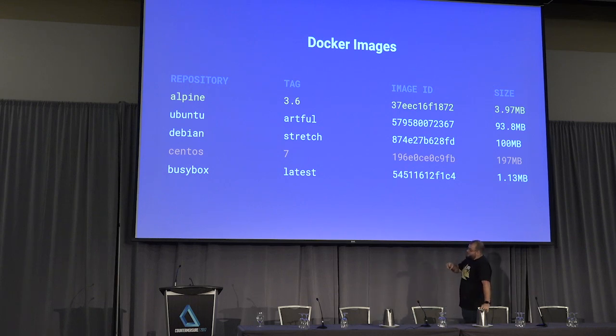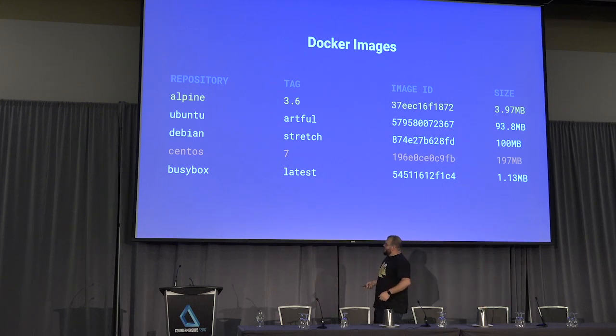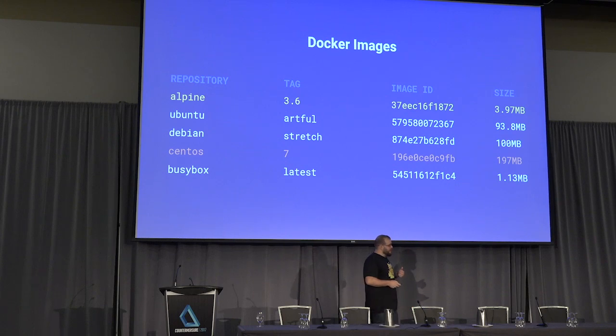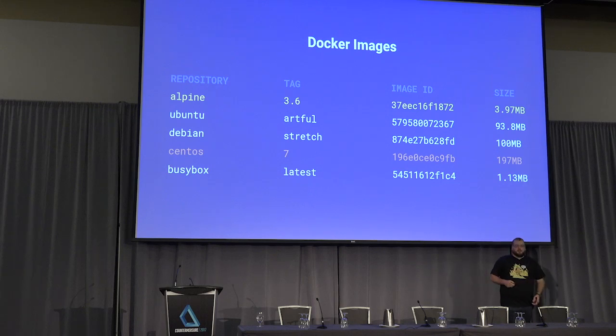Something to note about this, though, is the image size. Typically in security operations, green is good, red is bad. CentOS isn't bad in this case. It's just a contrasting color, but it just so happens to be the largest container of the bunch. So if you start off building a CentOS container, you're going to be immediately starting with 197 megabytes of packaged dependencies and applications.